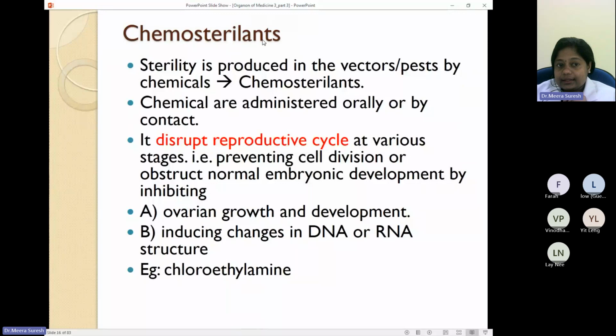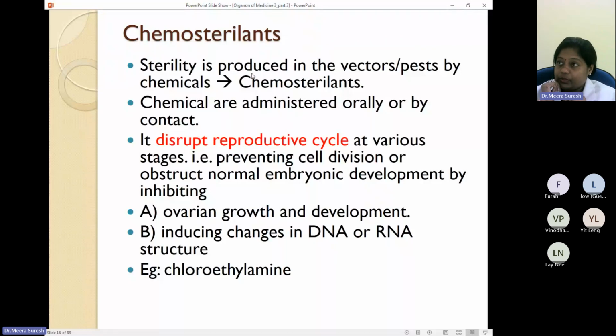Then chemosterilants, as I told you, are certain chemicals used to induce sterility in the vectors. These chemicals can be given via food, or the entry to the insect can happen via mouth or just by contact. They disrupt the reproductive cycle because it's a sterilant.